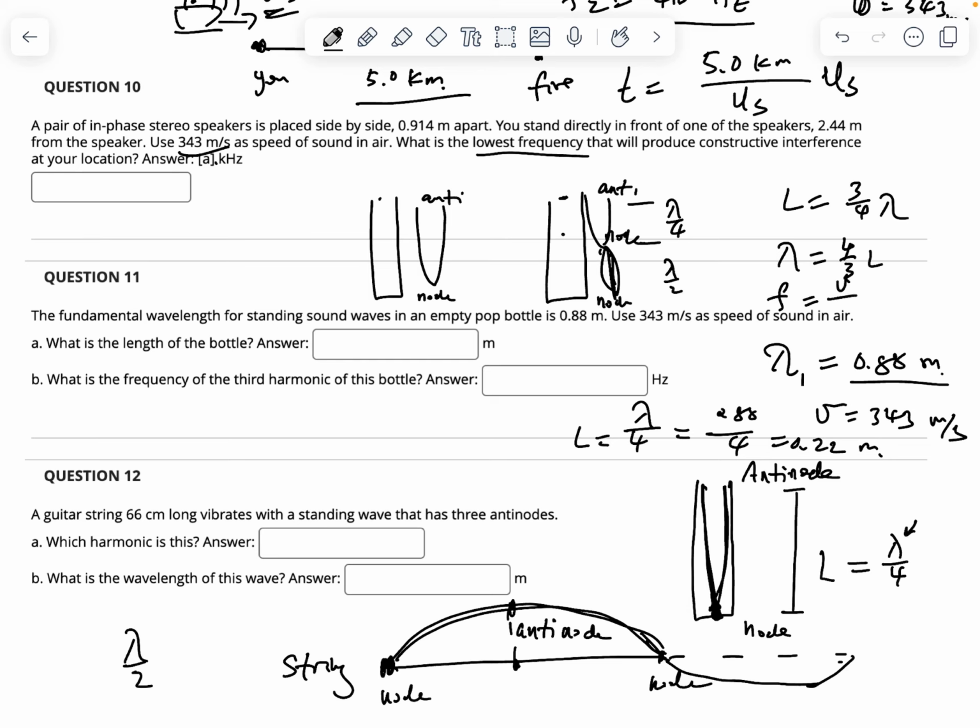So frequency equals speed divided by this, so equals speed over 4L over 3, so equal to 3V over 4L, right?